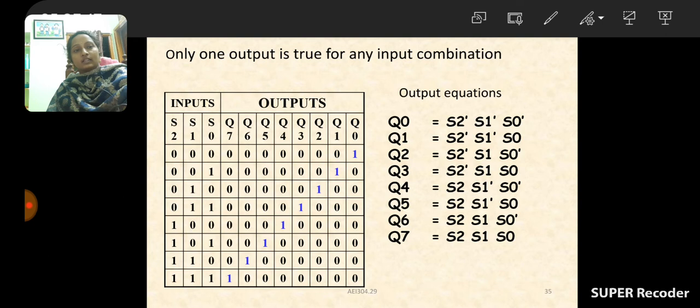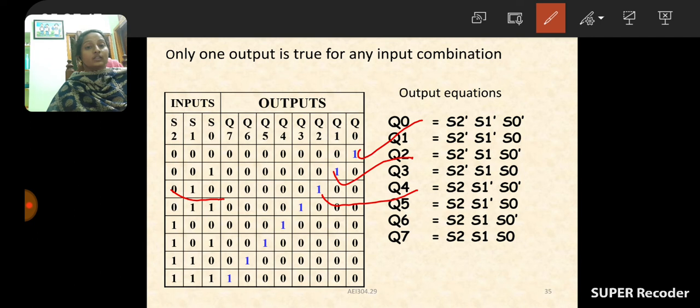In the second combination, 0, 0, 1, the next bit Q1 is selected. Is it clear? In the third case, S2 is 0, S1 is 1 and S0 is 0. For this combination, bit Q2 is selected.